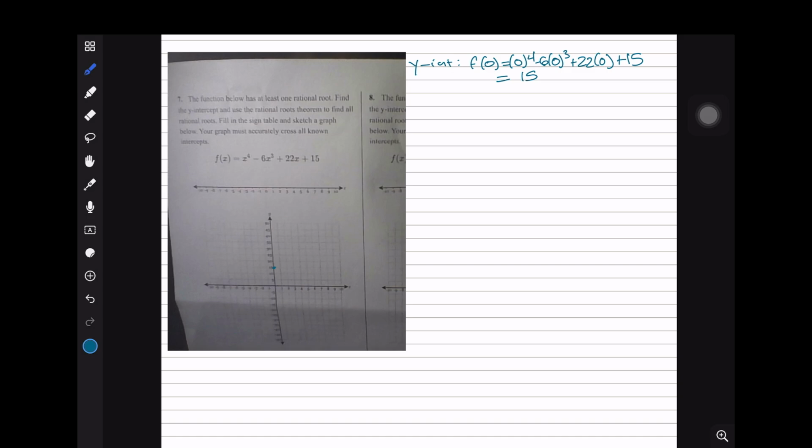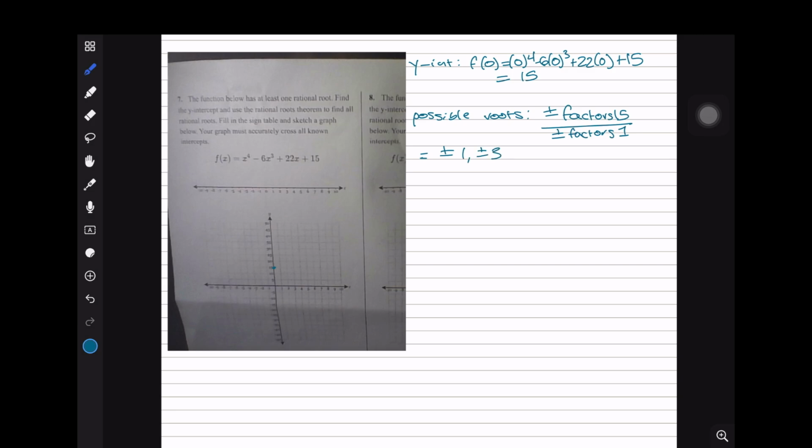Okay, now you have to find all the possible roots. And the way to do that is by using the rational roots theorem, which says to take the factors of the constant term. So our constant is going to be 15, and it's going to be plus or minus 15. And then we take the factors of the leading coefficient, and our leading coefficient is with the x to the power of 4.